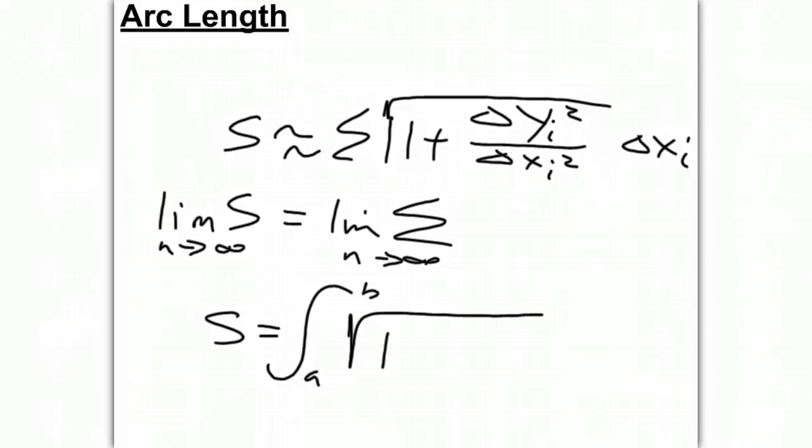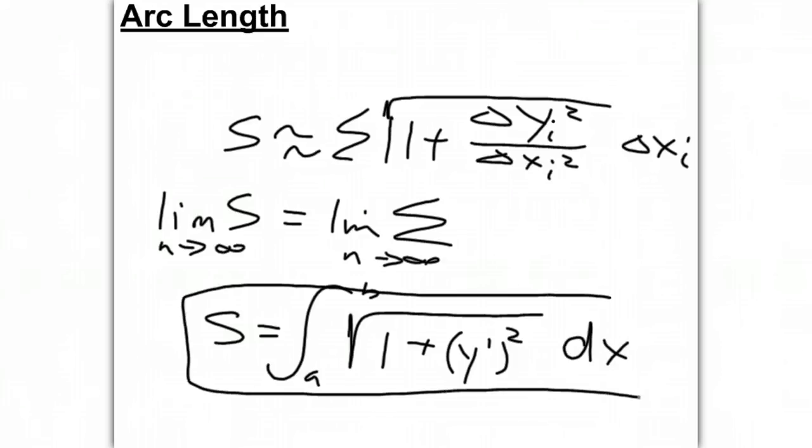That square root term looks the same, except my delta y sub i squared over delta x sub i squared is my y derivative squared. And the last part is delta x, my very, very, very tiny width. So starting with the distance formula, we end up with a very useful formula for the length of an arc using calculus.